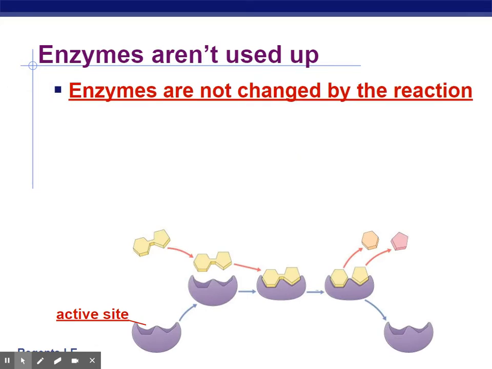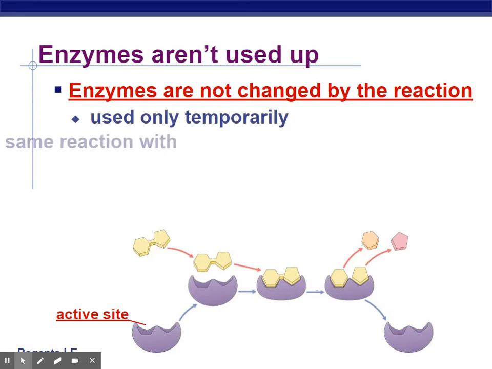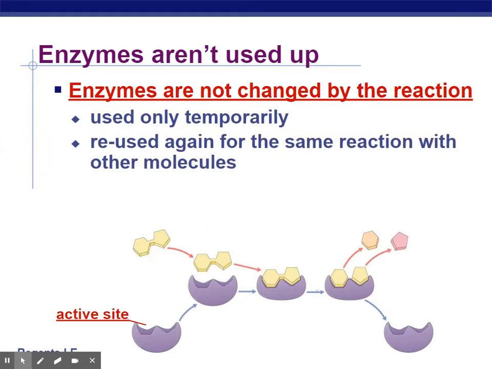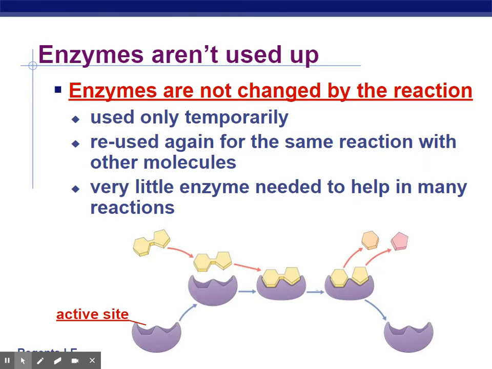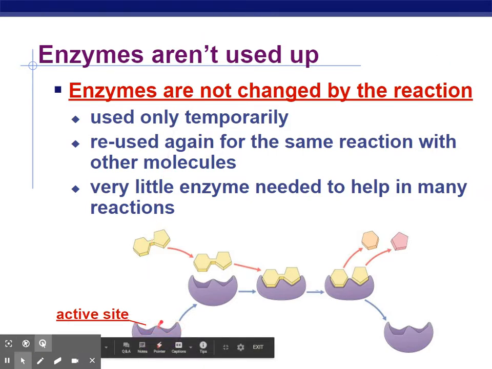And it's interesting too, because if you look at this reaction, the enzyme is not used up and it doesn't really get changed by the reaction. So it can be used over and over again. And they're used temporarily. Like I said, they can be reused. And it doesn't take a lot of enzyme to help lots of reactions because they can be recycled. And we're seeing here this cutout area is being labeled as the active site.